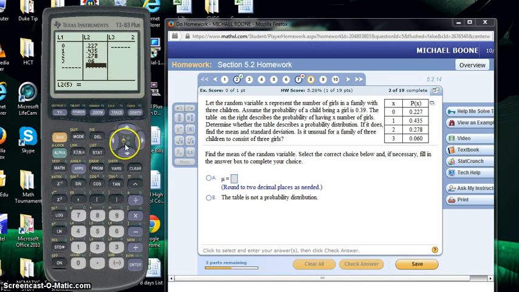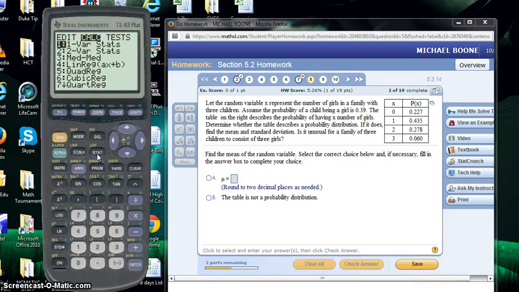And now to calculate the mean and the standard deviation, I go to Stat, Calc, always 1 var stat. We do not hit 2 var stats. And if your calculator looks like mine, we're going to have to do L1, comma, L2.